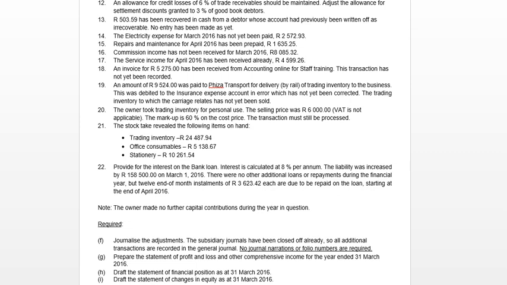Then we've got an amount of 9,524 Rand, which was paid to Pizza Transport for delivery by rail of trading inventory to the business. This was debited to the insurance expense account in error, and we haven't corrected this error yet.